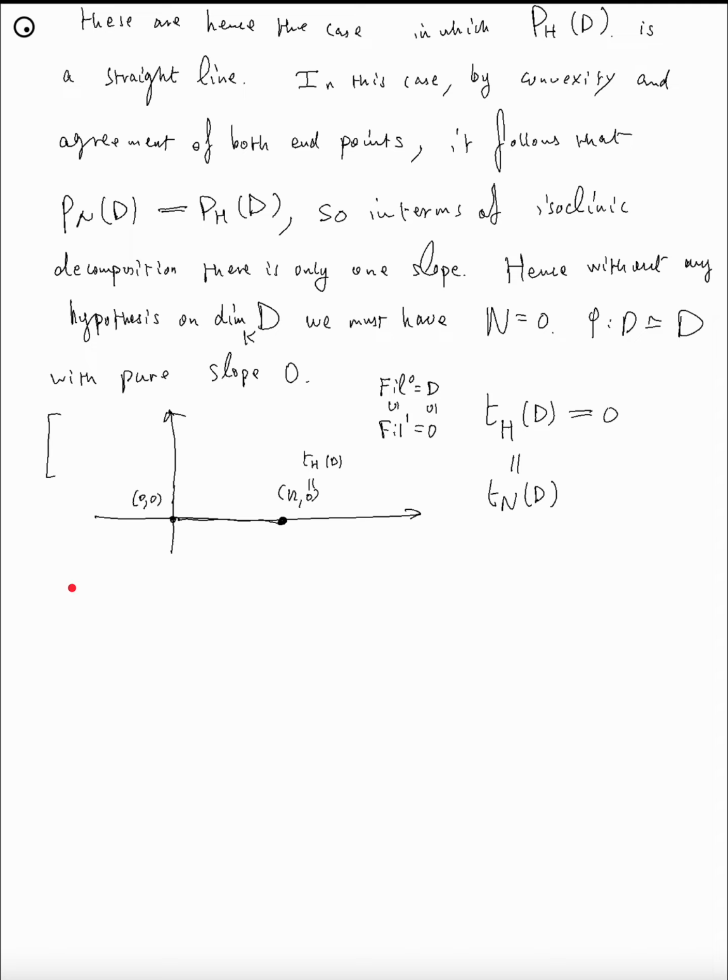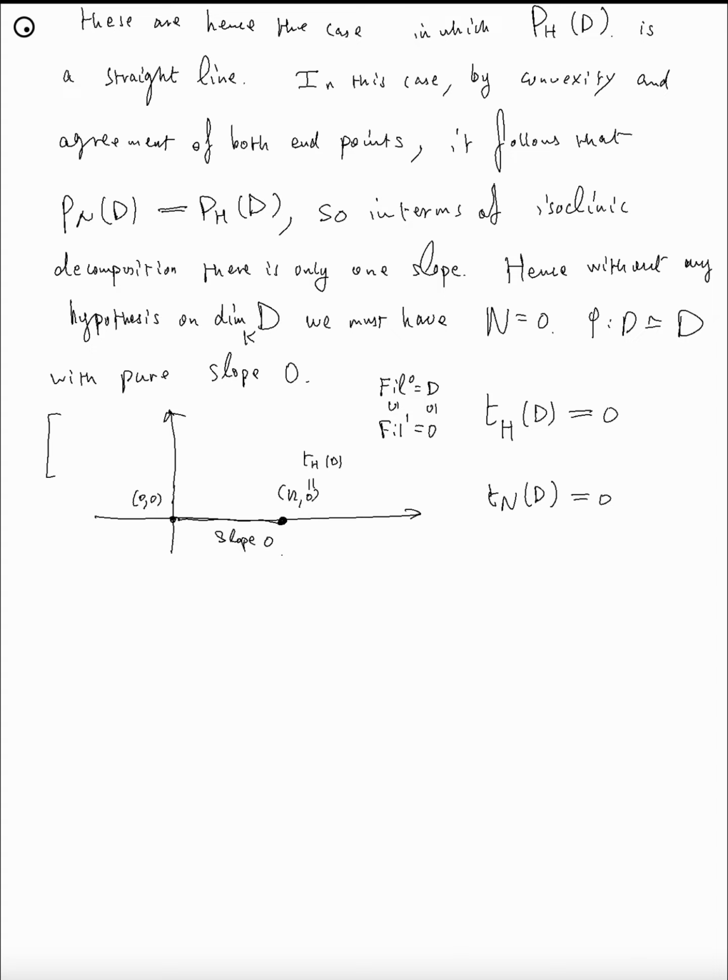And then this forces the slope to be 0 also. Wait for a while. Or maybe we are not using any admissibility, we are just using the definition of Newton number.